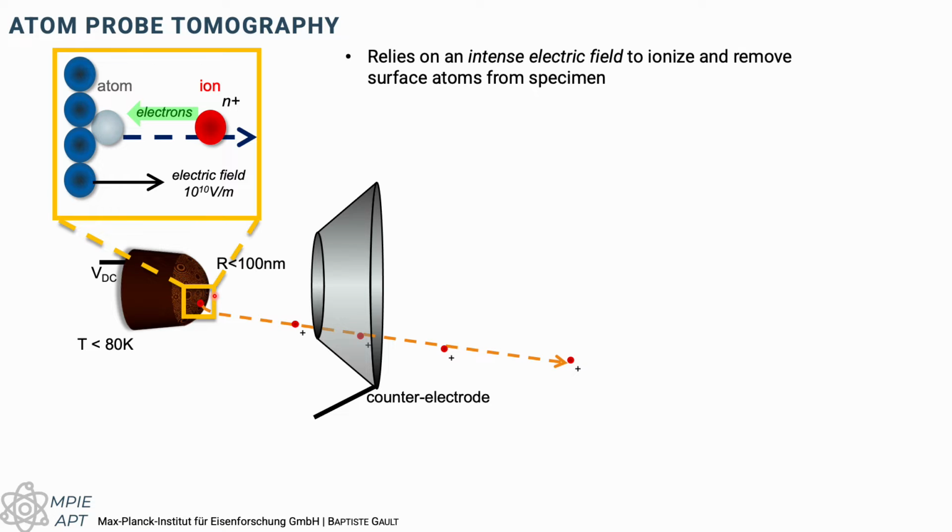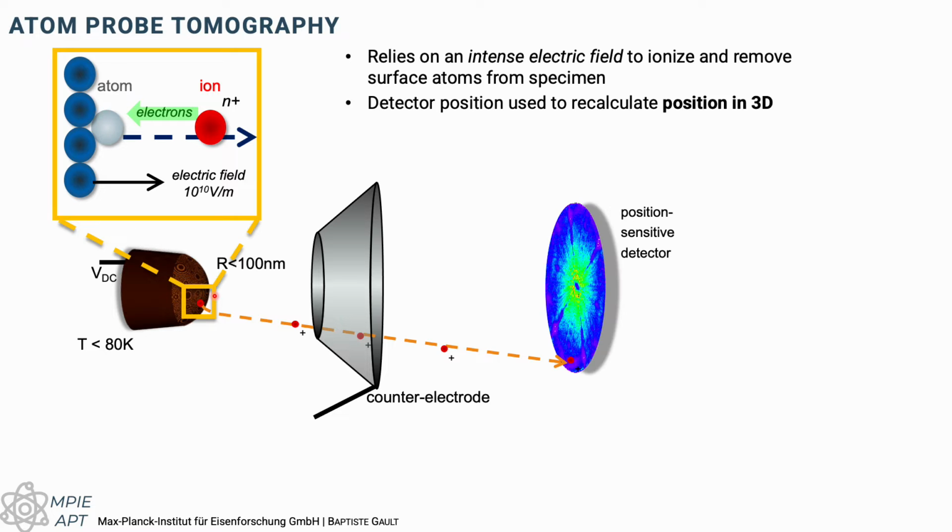They are not pushed out and fly in random directions. They follow well-defined trajectories that are defined by the distribution of the electrostatic potential inside of the microscope. And we can collect all of these ions that we have generated from the specimen surface with a position-sensitive detector. So the detector will record the impact of each of the ions that we have generated during the analysis.